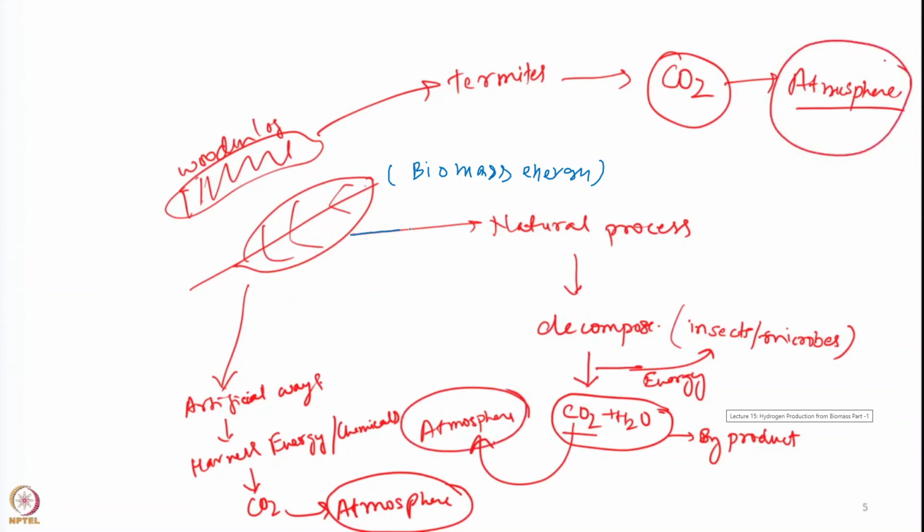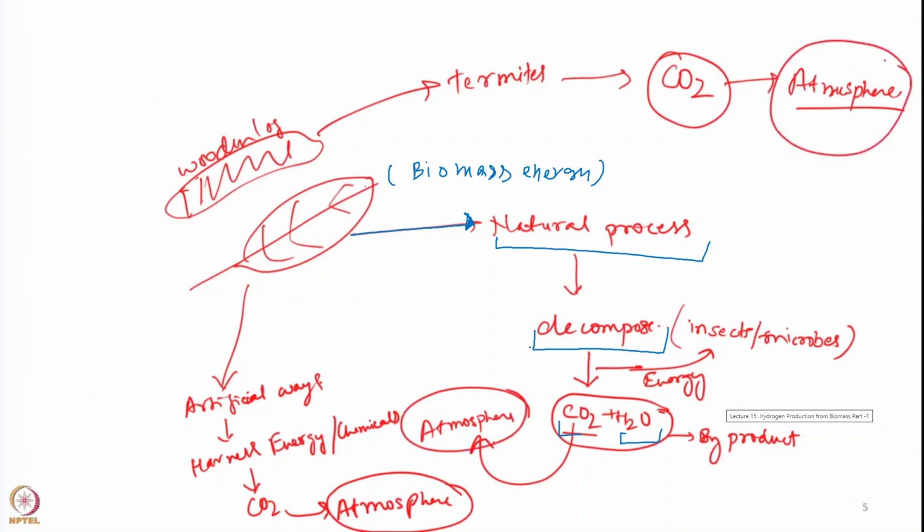Suppose one tree is left on soil, or you are keeping tree leaves on the soil. During the natural process, what will happen? The decomposition will occur, and in this decomposition, carbon dioxide and water will be byproducts.